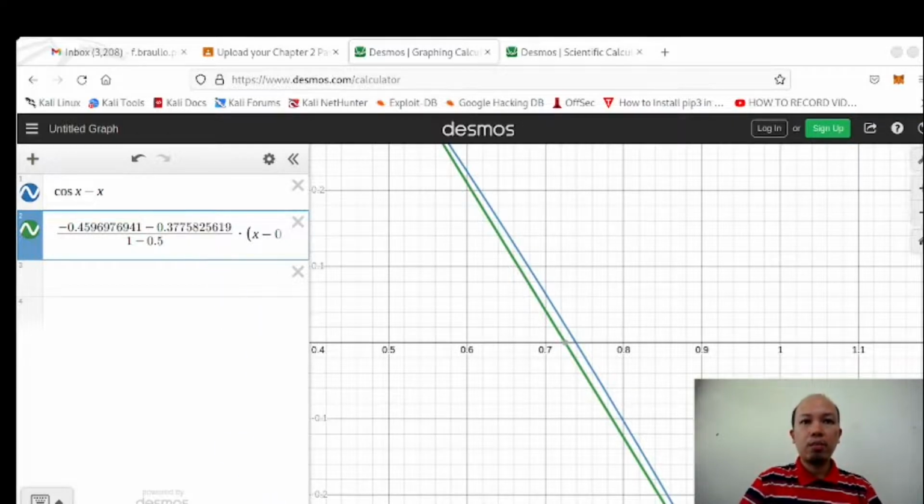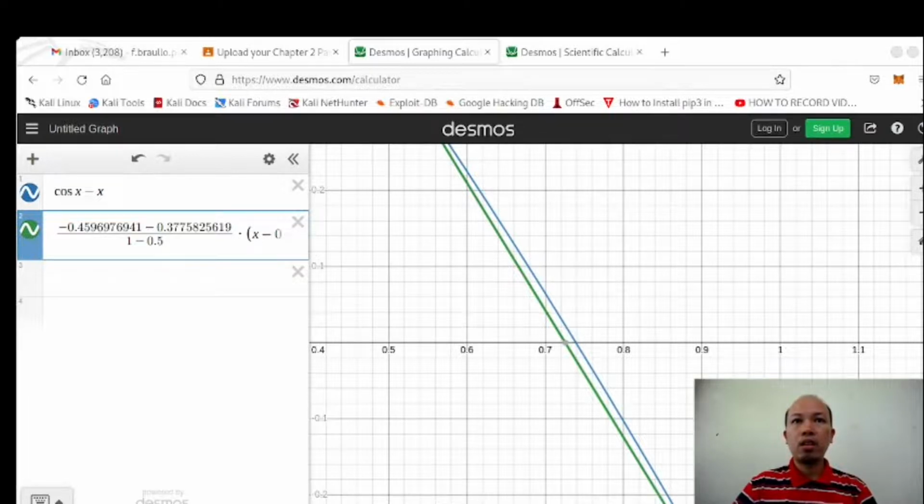Okay, this is p sub 3 is equal to p sub 2 minus f of p sub 2 times the quantity p sub 2 minus p sub 1 over f of p sub 2 minus f of p sub 1. Okay, so our p sub 2 is 0.725481571 minus f of p sub 2. So what is f of p sub 2?